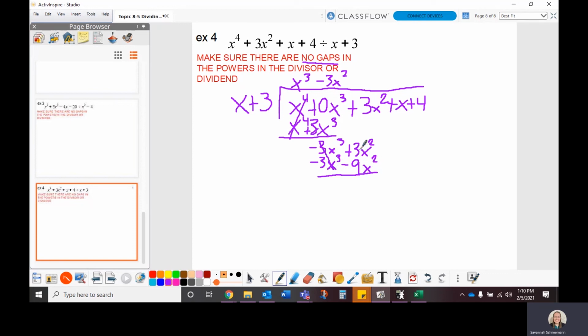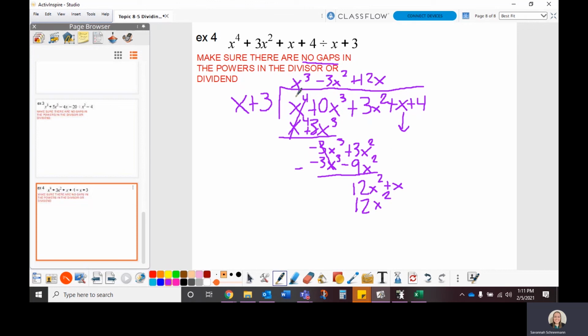Those guys cancel. 3 minus, remember this is subtracting, a negative 9, that's going to be 12x squared. We're going to bring down that x. X going into 12x squared, we're going to do plus 12x, because positive 12x times x is going to be that 12x squared we're looking for.